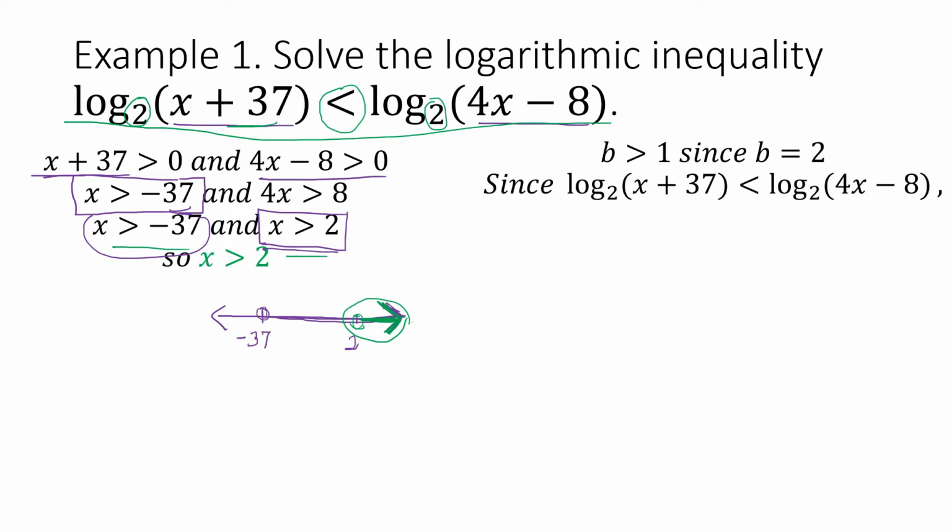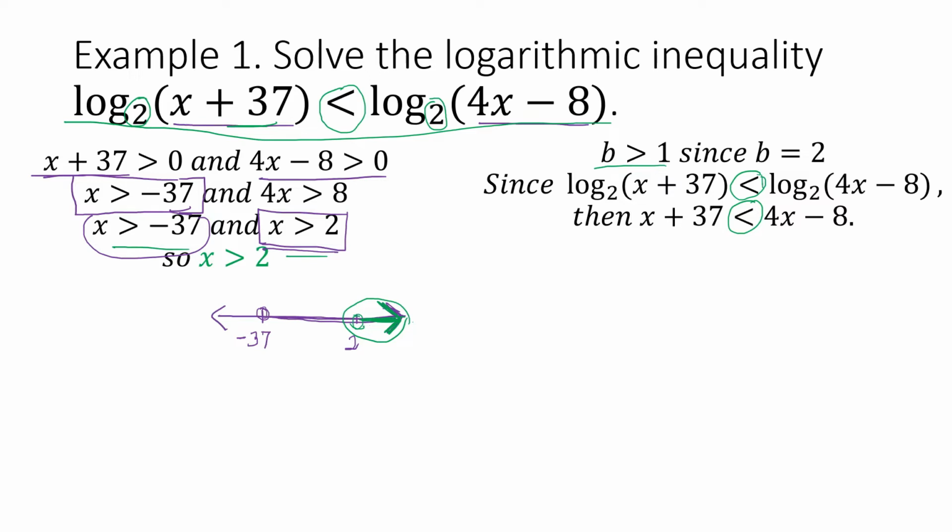That is, since the logarithm of x plus 37 to the base 2 is less than the logarithm of 4x minus 8 to the base 2, then the anti-logarithm x plus 37 is also less than the anti-logarithm 4x minus 8. So the inequality symbol is retained. That is if b is greater than 1.